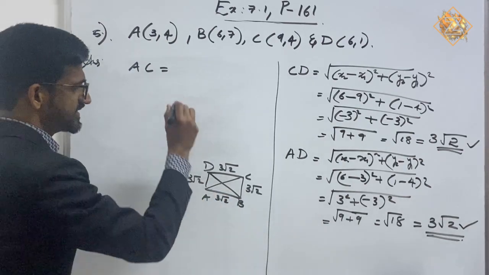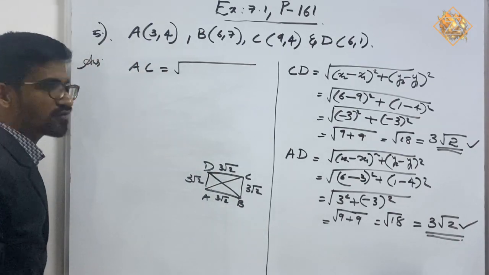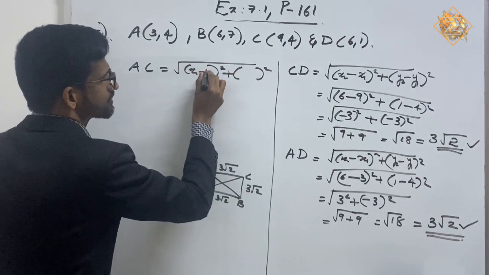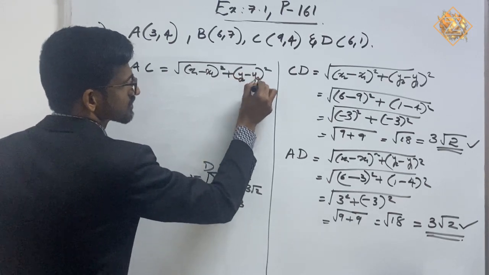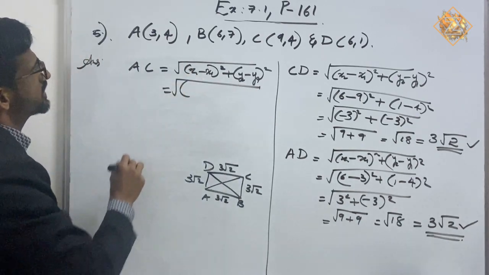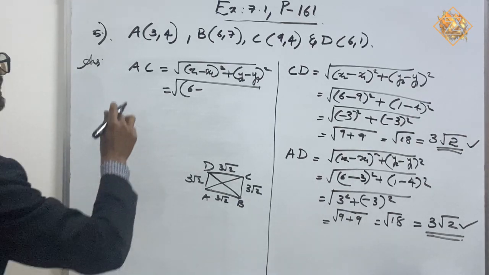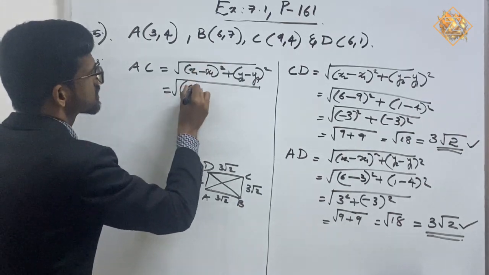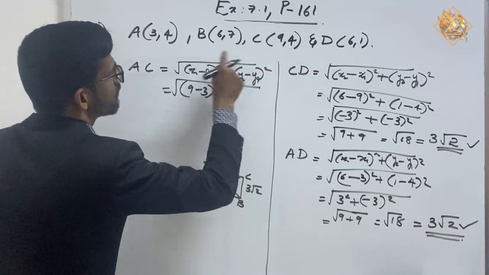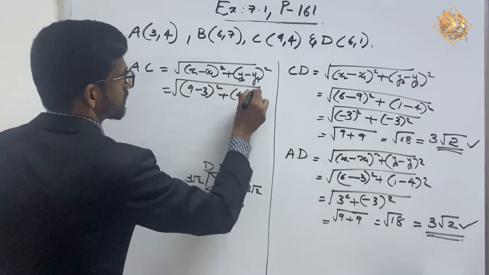Okay, students. To get AC, applying the distance formula again, square root of (x2 minus x1) whole square plus (y2 minus y1) whole square. For AC, it is 9 minus 3, whole square, plus 4 minus 4 whole square.